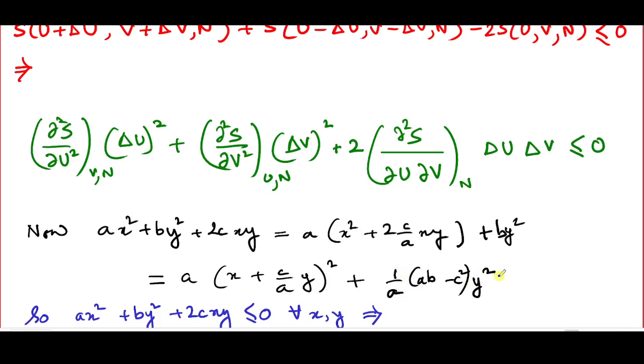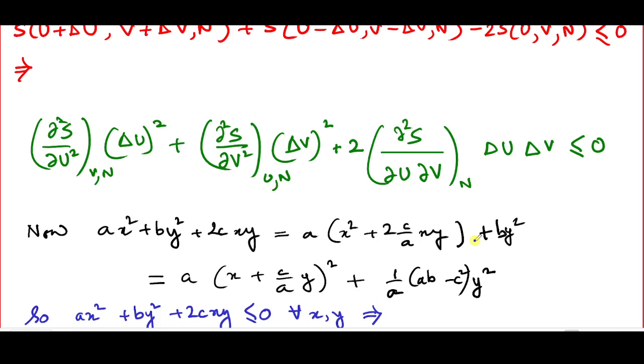Now, in order that this be always less than or equal to 0, given that this square and this square, y square, are always positive, what we must demand is that this coefficient and this overall coefficient both be negative.